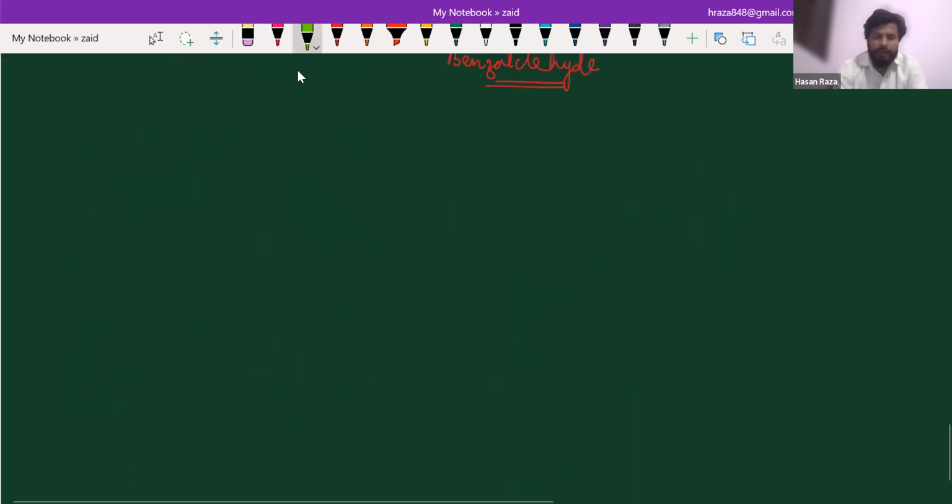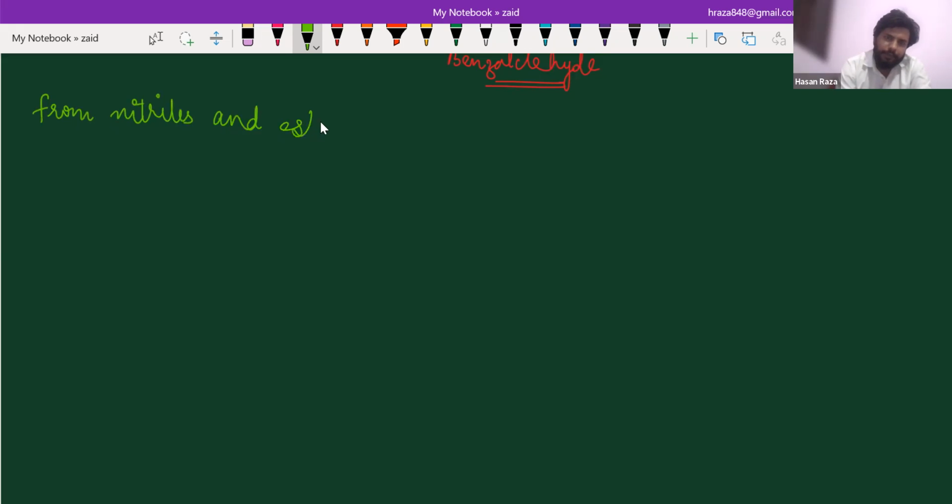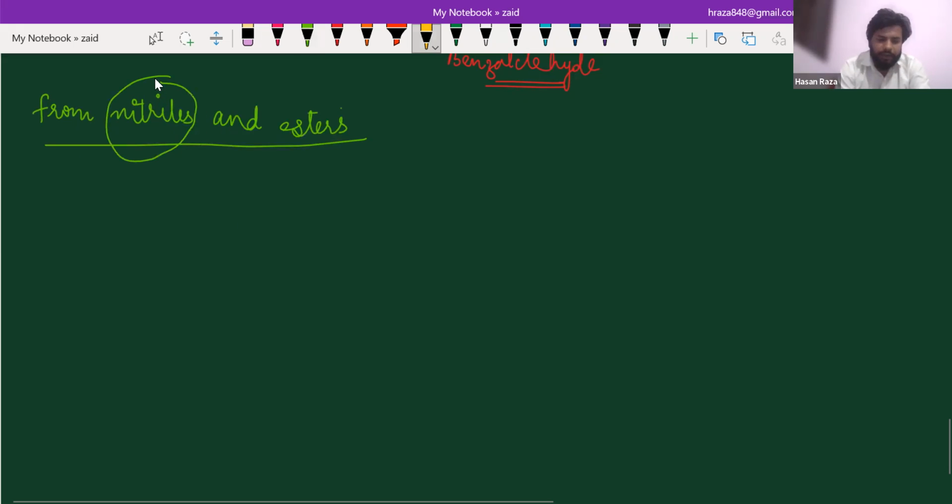Now the next type of chemical preparation of aldehyde is basically from nitriles and esters. First, we are going to deal with nitriles. So basically, you can see this is also a name reaction, and basically, it is also a reduction process.